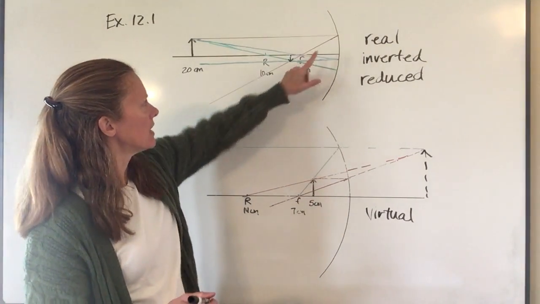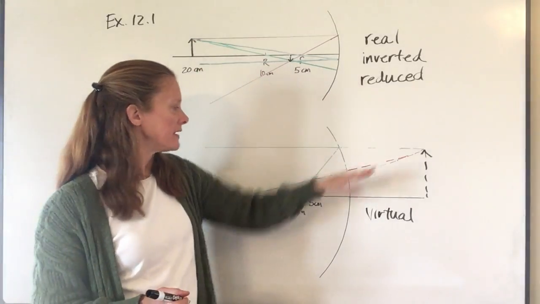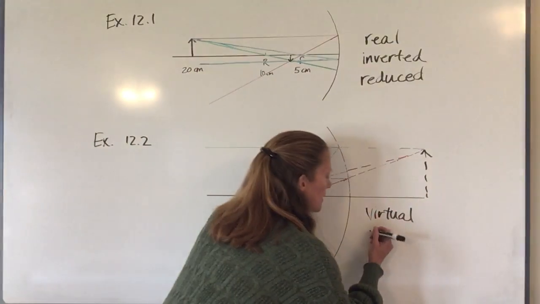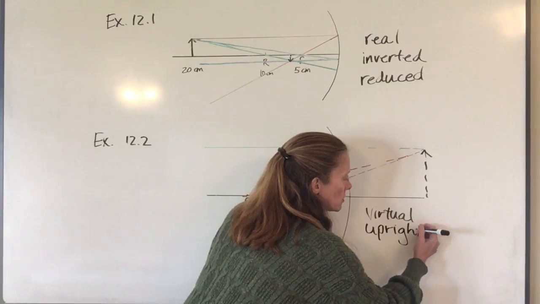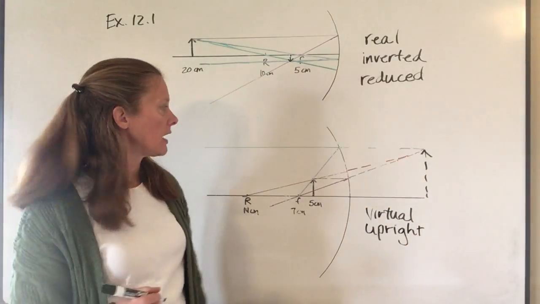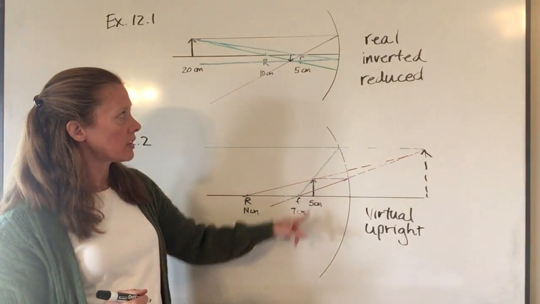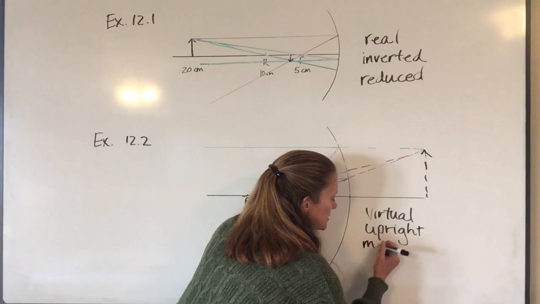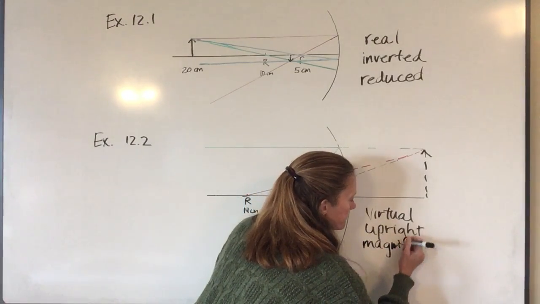In this case, up here, this image was flipped upside down, but now this image is actually the same direction as the original one was, so this is an upright image as opposed to being inverted, and you can tell that this image is much larger than the one I started with, so in place of being reduced, this image is magnified.